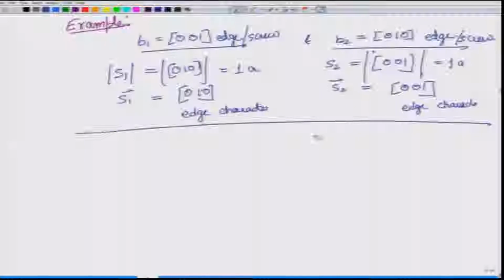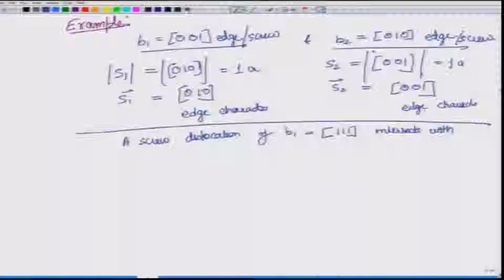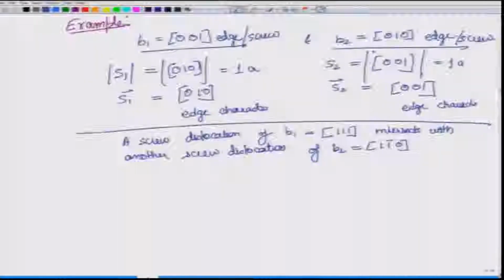So, let us talk about a screw dislocation of Burgers vector B1 equal to 1 1 1, and it intersects with another screw dislocation of Burgers vector B2 equal to 1 bar 1 0.